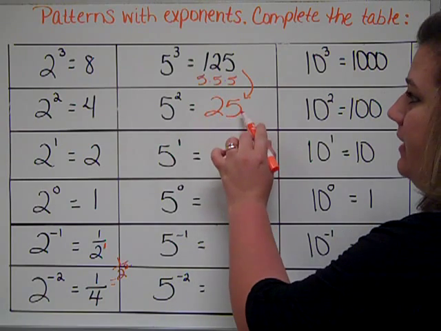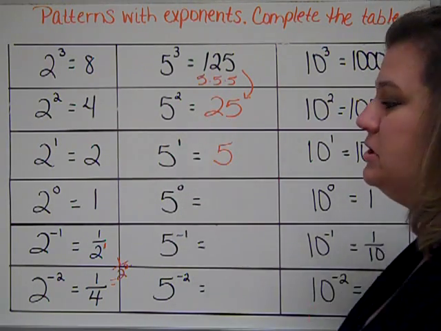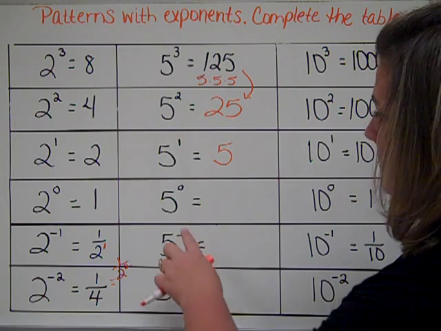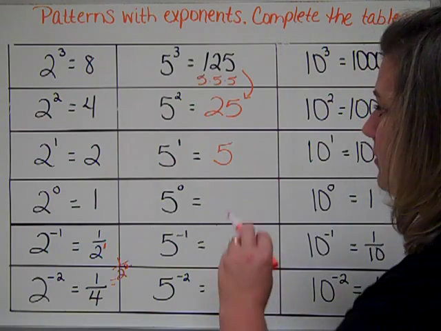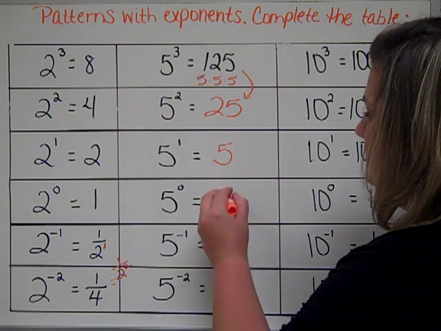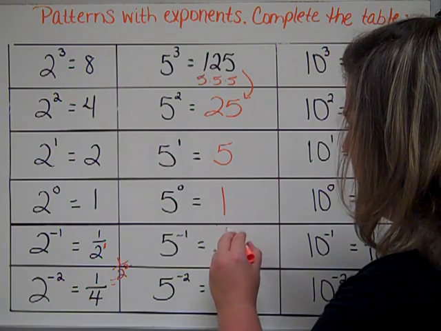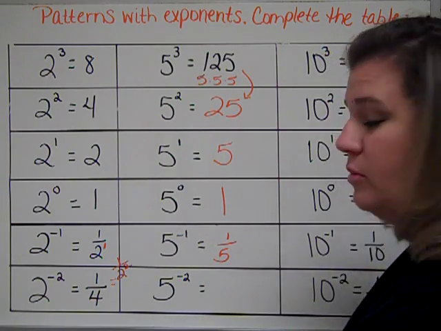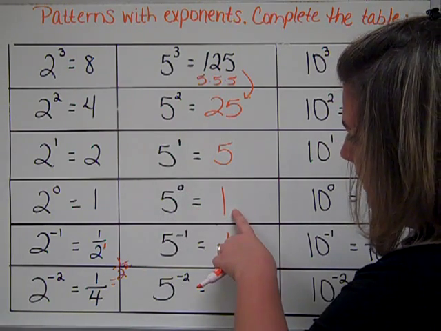Well, if I'm dividing by 5 here, I'm going to divide by 5 here, so I get just a 5. Now I have 5 to the 0. If I divide by 5, that gives me a 1. Divide by 5 again, 1 over 5.